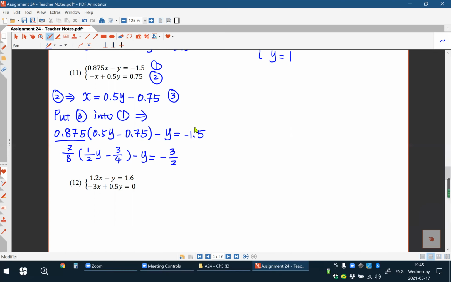Okay, then how do we solve this? There's no better way, right? So let's expand everything. 7/16y minus 21/32, and then minus y equals minus 3/2.